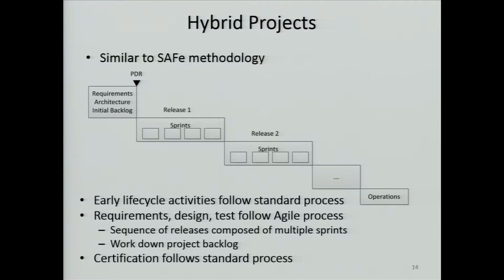So the early life cycle activities follow the standard process, and then the implementation is being done using the features and the stories and that sort of an Agile life cycle. And then certification has to follow the standard process, because we may be dealing with the Food and Drug Administration or Underwriters Laboratories, for example, and they're going to require whatever they require for certification.